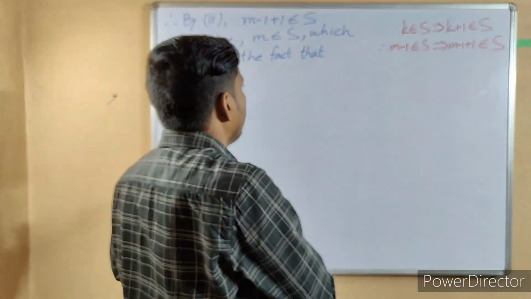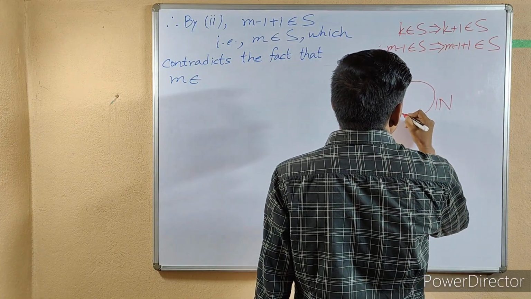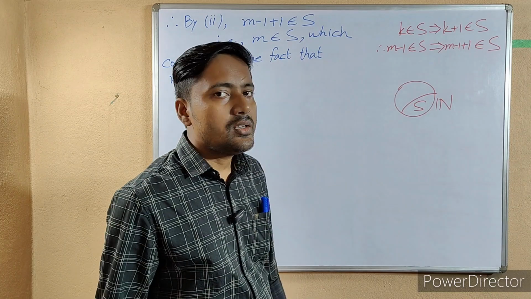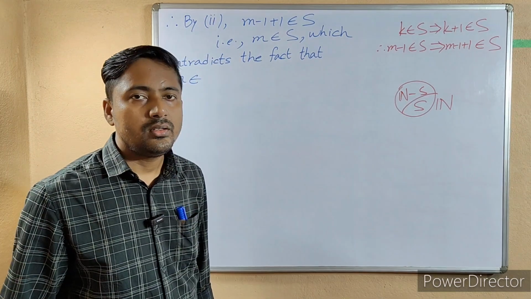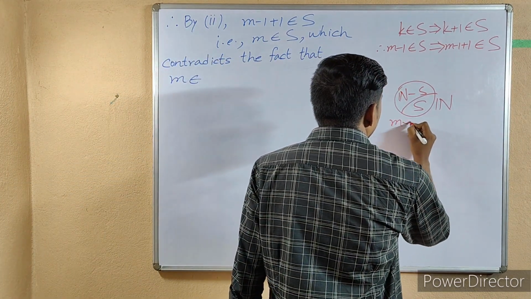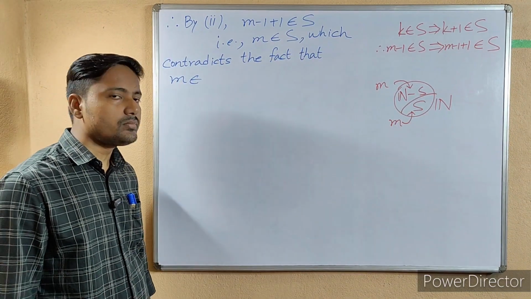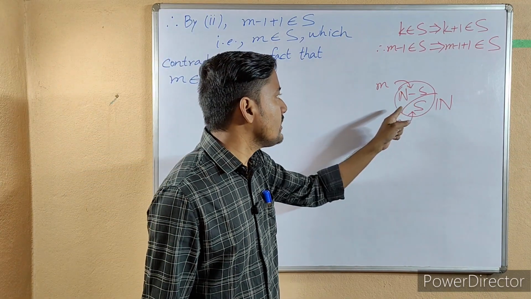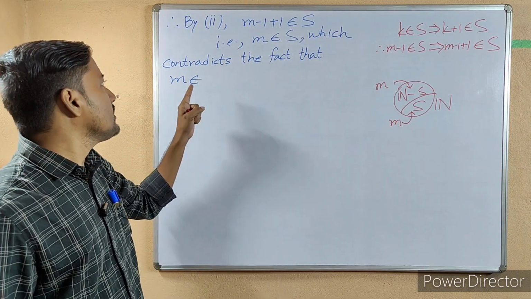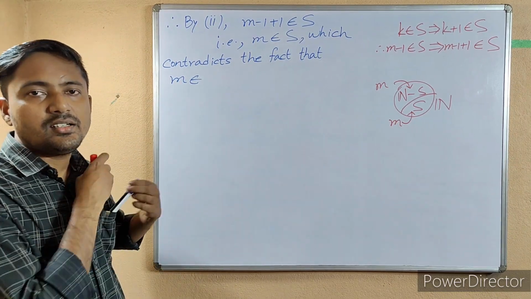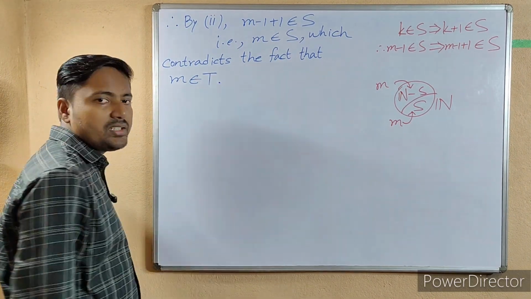Suppose this is n and this is S. So this is n minus S. So m belongs to S contradicts m belongs to n minus S, because S and n minus S are disjoint. That is, m belongs to T. Clear?